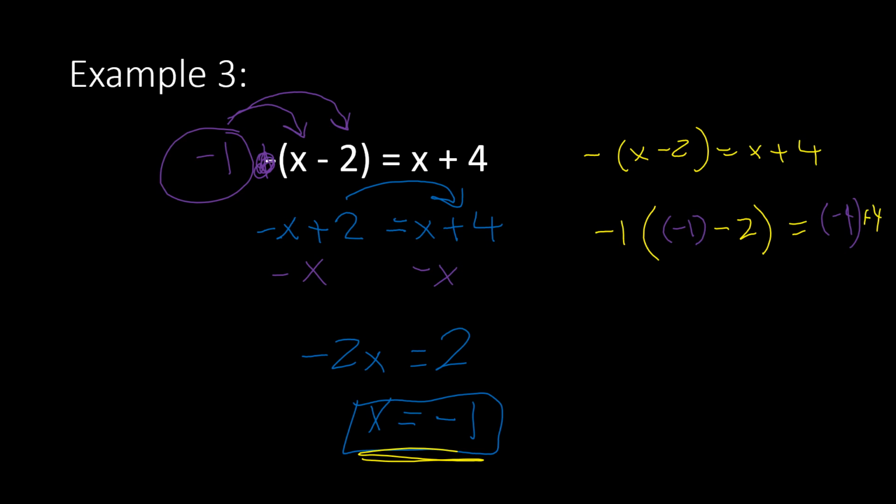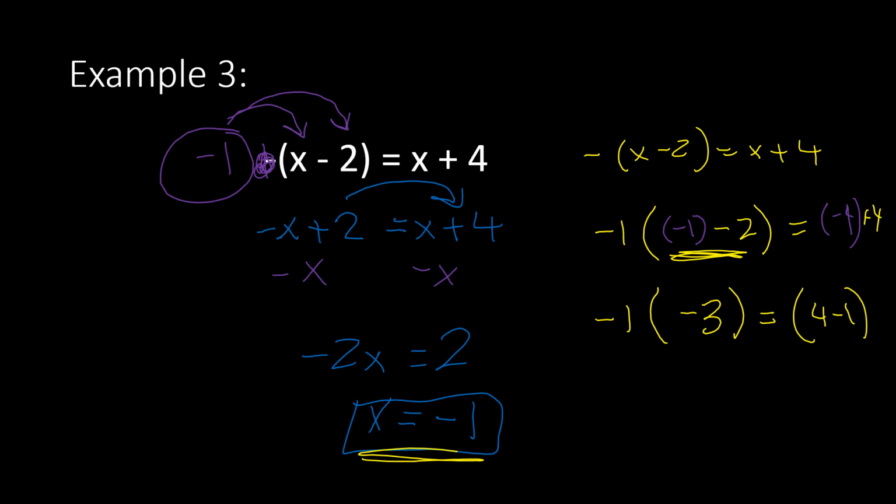So what we can do is figure out if this works. So we'll do the inside of the parentheses because of PEMDAS. And we get negative 1 times negative 3 equals, and then we can rearrange the numbers using the properties I showed you in a previous video, and we can reorganize it as 4 minus 1 to make it easier for you.